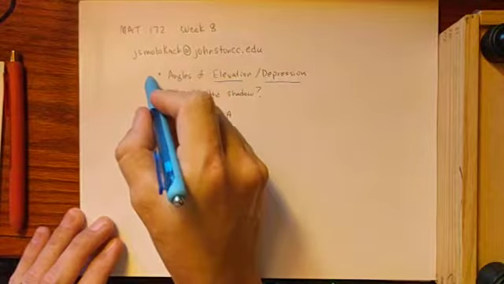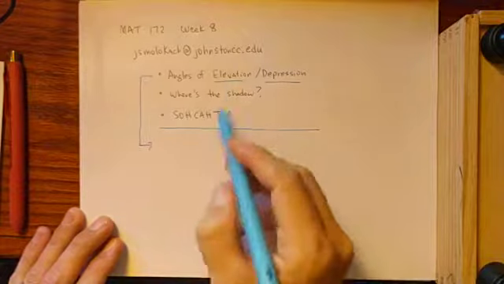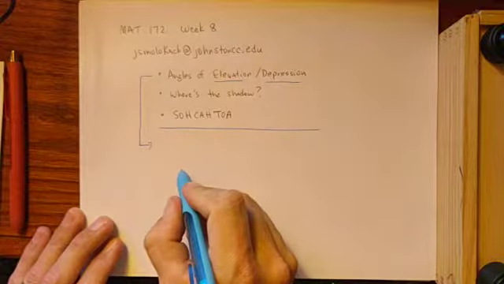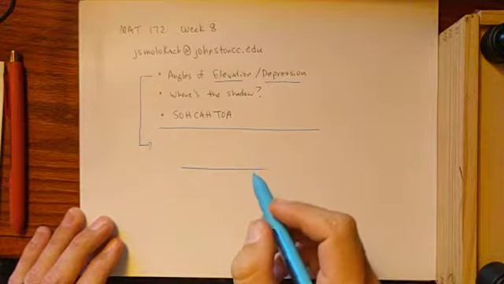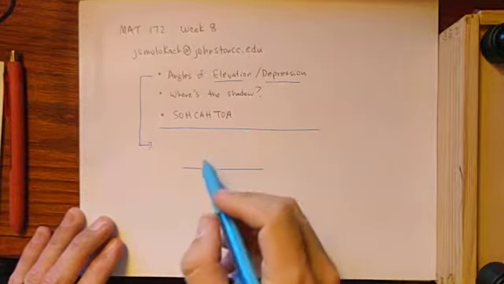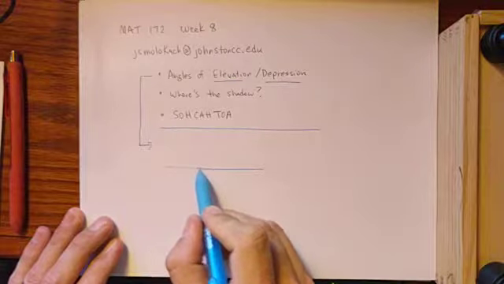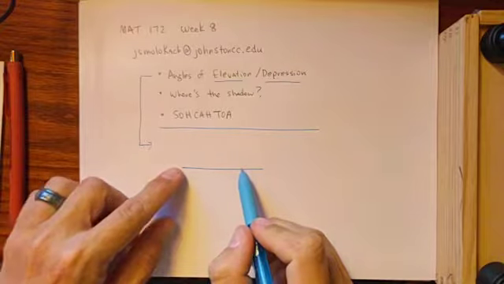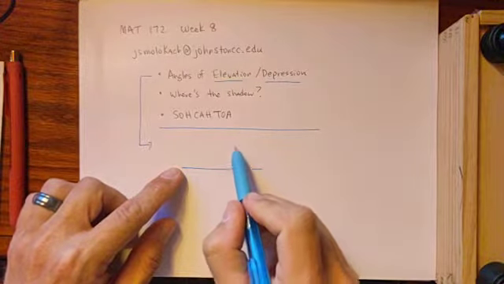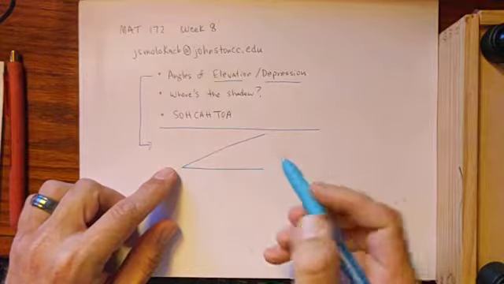Okay, so to start with, an angle of elevation is when you start with a horizontal line or line segment, and an angle is formed with another segment. If you can imagine another segment lying on top of this one, and we pick up one end of it and make an angle like this, right?